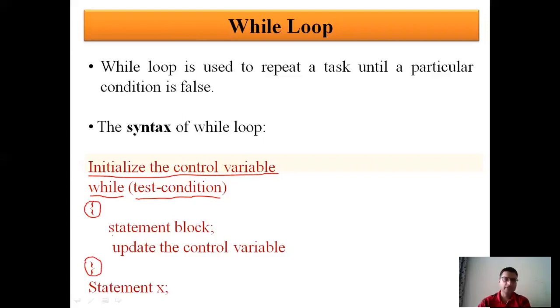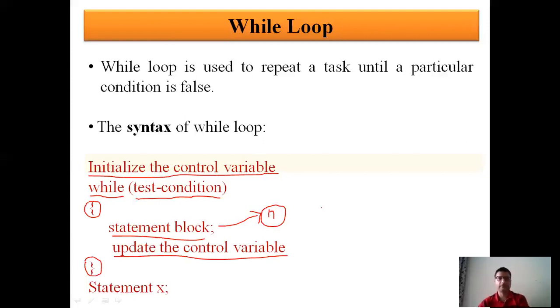Okay. So here we have statement blocks. This statement block may have n number of statements, right? You can have any number of statements inside this block. It may be a single statement or multiple statements. Then here we are updating the control variable. Now updation, we can do it either with the help of increment, or decrement, or dividing with some value, or multiplying with some factor.